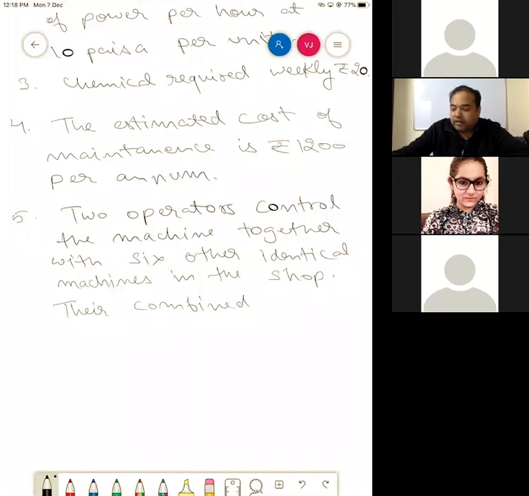Their combined weekly wages are rupees 140.